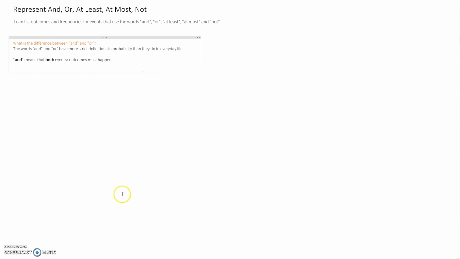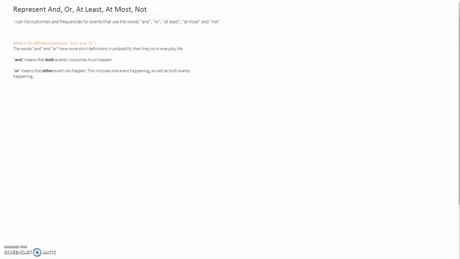So if I say I want a cake that has banana and fish, that means that cake needs to include banana and it must include fish. Now, if I said or in the same situation, that means that either thing can happen. It doesn't have to be both at once, but it could be. So if I said I want to have a cake that has banana or fish, I could either have a banana cake, a fish cake, or a banana and fish cake, which would be gross.